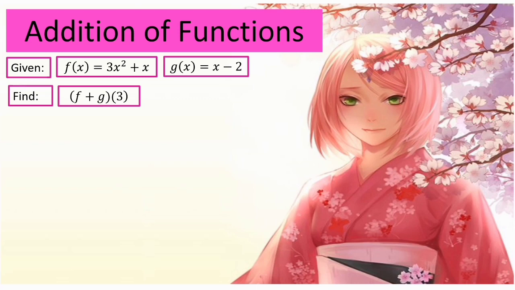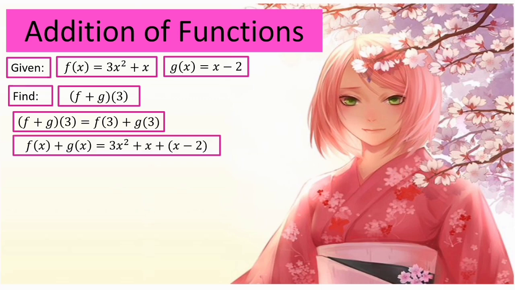So, paano gagawin natin dito para makuha natin yung f plus g of positive 3? So, ganun pa din yung gagawin natin. Yung f plus g of 3 magiging f of 3 plus g of 3.